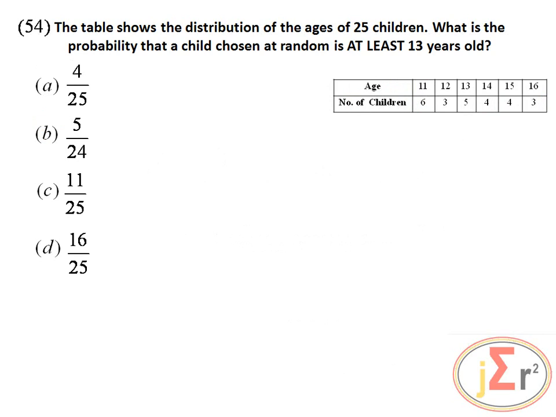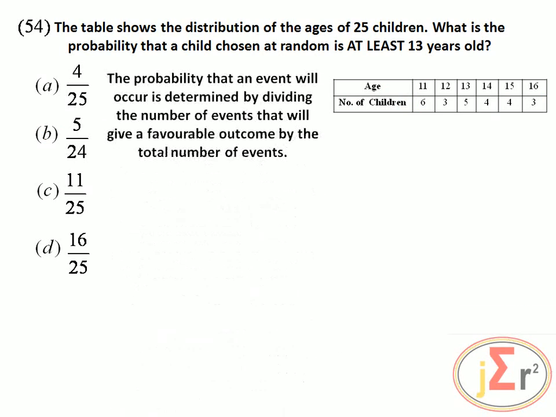The table shows the distribution of the ages of 25 children. What is the probability that a child chosen at random is at least 13 years old? The probability that an event will occur is determined by dividing the number of events that will give a favorable outcome by the total number of events.